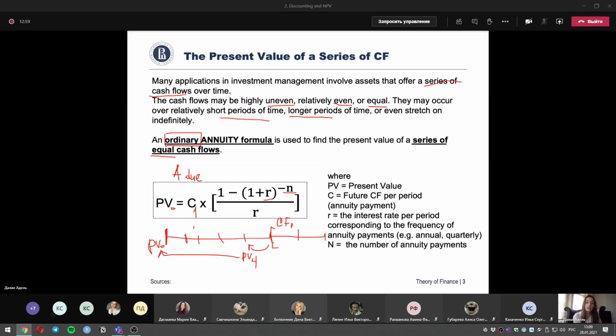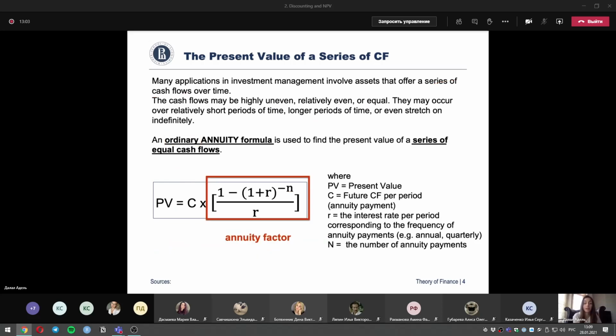Okay, so this is for the present value of a series of cash flows. We have this annuity factor over here. You may find, available over the internet, different financial tables where all the calculations of annuity factors are provided for a particular rate. I don't mind you using this table.